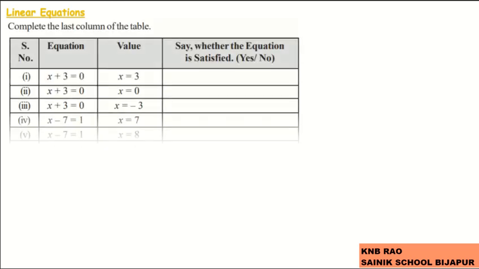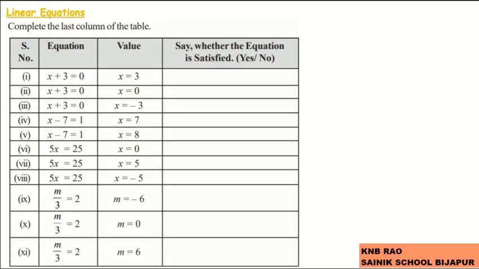Here similarly I am giving one more table. Complete the last column of the table on whether the equation is satisfied. If it is satisfied, yes; if it is not satisfied, no is to be written. In the case of the first one, x plus 3 equals 0 and the value of x is given as 3.